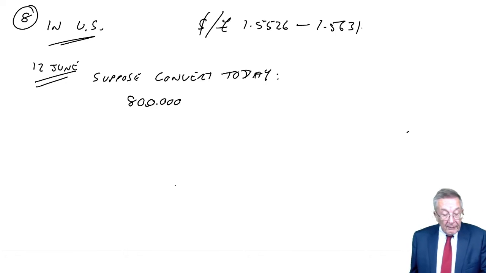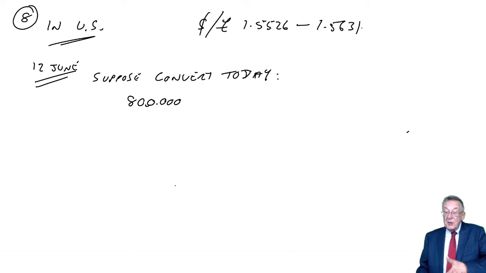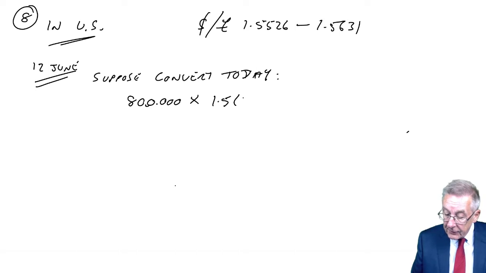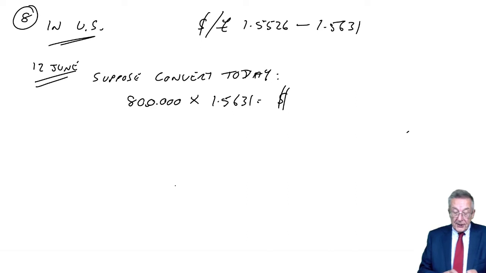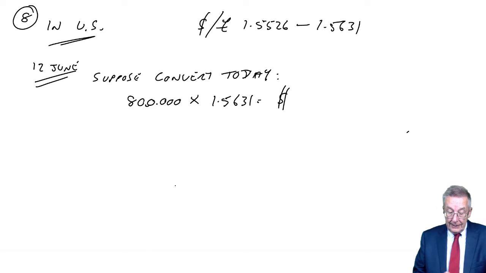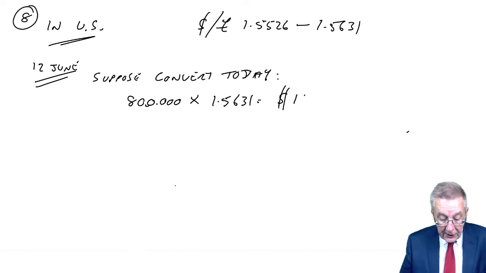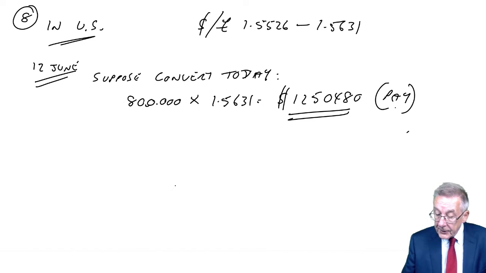Here, remember we're in America, so we'd need to buy pounds, which would mean selling dollars. And so we'd use the higher rate, 1.5631. If we were converting today, it would cost us $1,250,480. Remember, we'd be paying it. That's what it would cost.